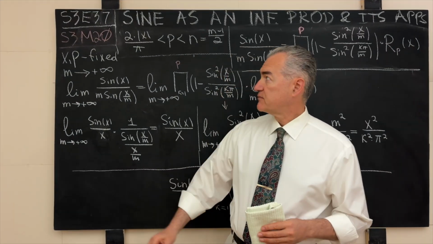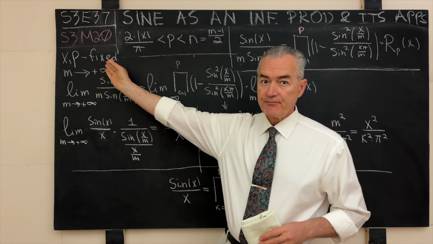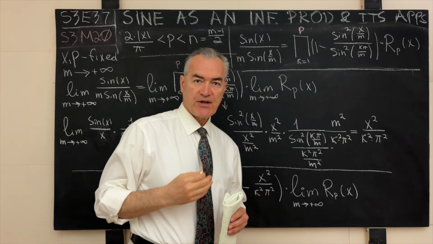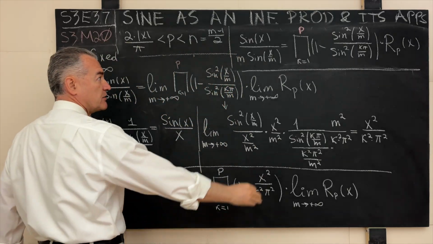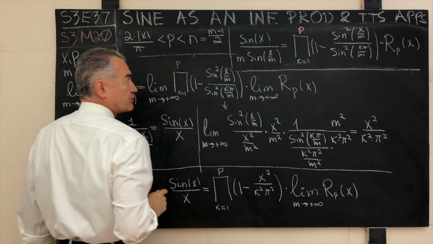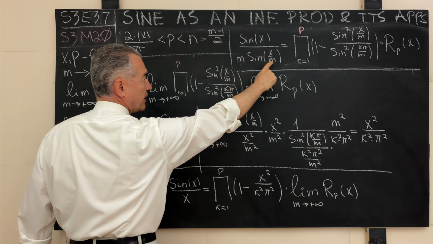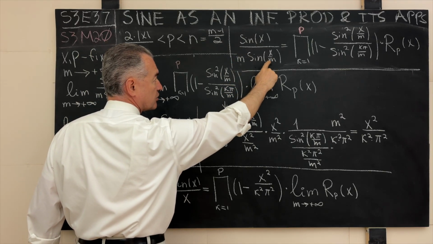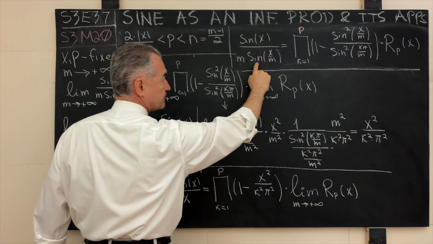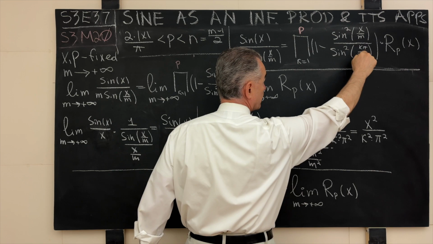And to that end, keeping the variables x and p fixed, we pass to the limit when m tends to positive infinity in our main workhorse relation shown on the upper right side of your screen, where m is in the denominator of the ratio and in the denominator of the argument of the trigonometric function of sine, and on the left hand side and on the right hand side.